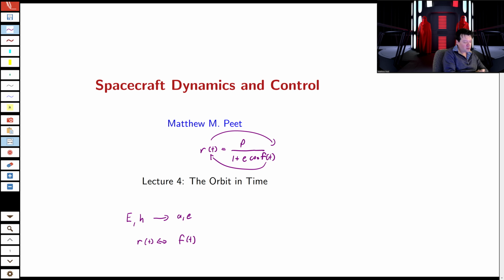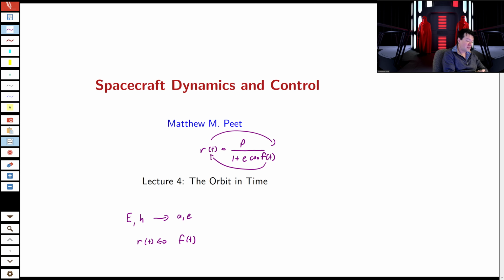At this point, however, we are confronted with the problem of propagating the orbit forward in time. That is, predicting when the orbit will reach a particular position, or figuring out what position the orbit will be at a particular moment in time.